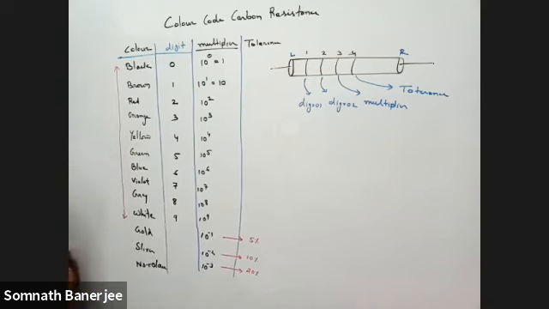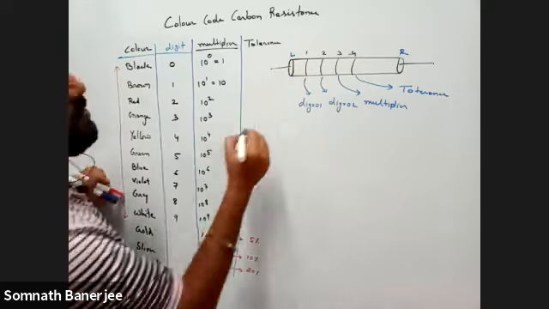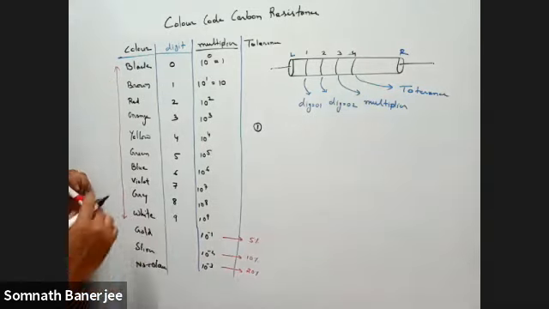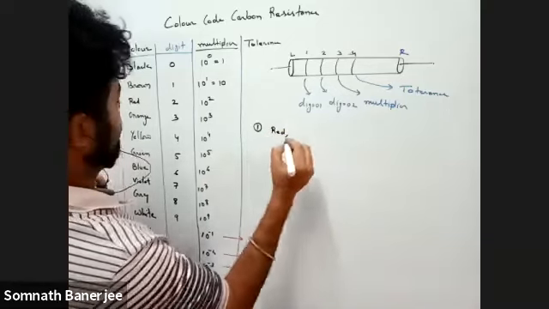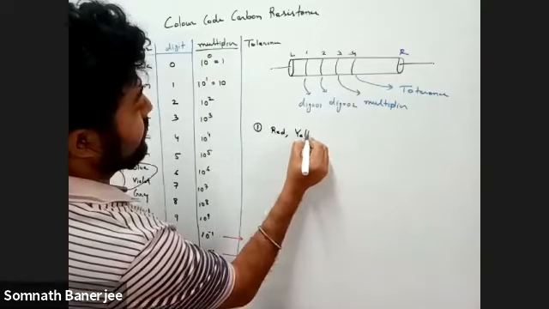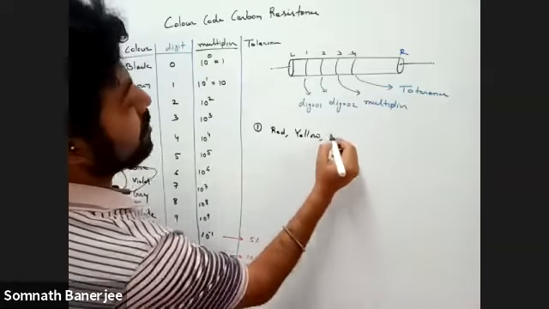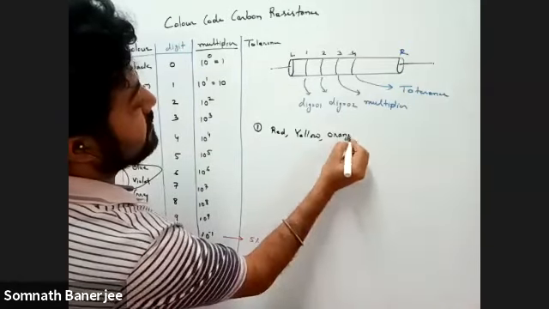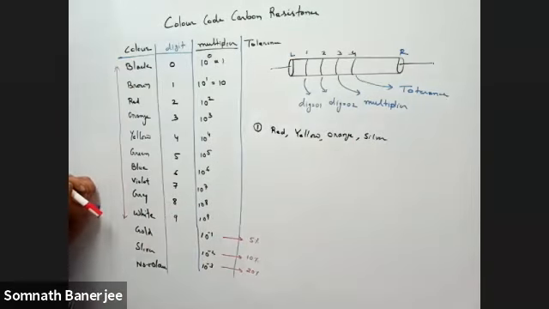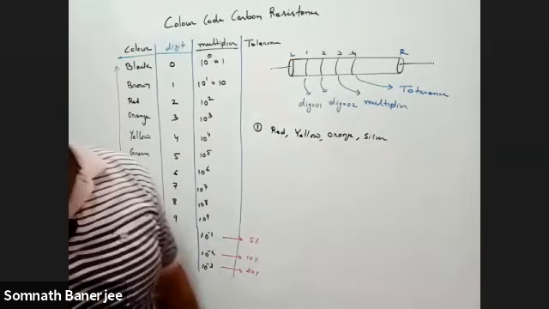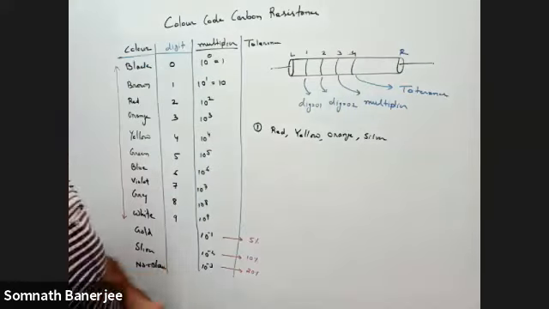So you get it. Now see how they give you the question. They give you a color code carbon resistance. The colors are given like red, yellow, then orange and silver. Read it from left to right and find the resistance of the color code.